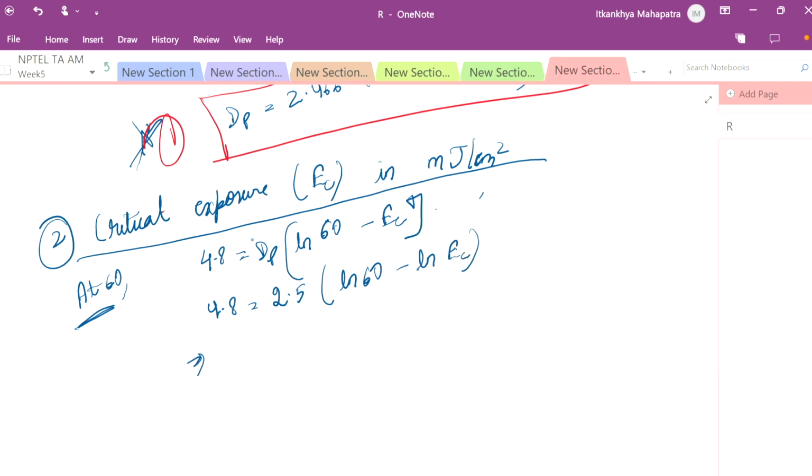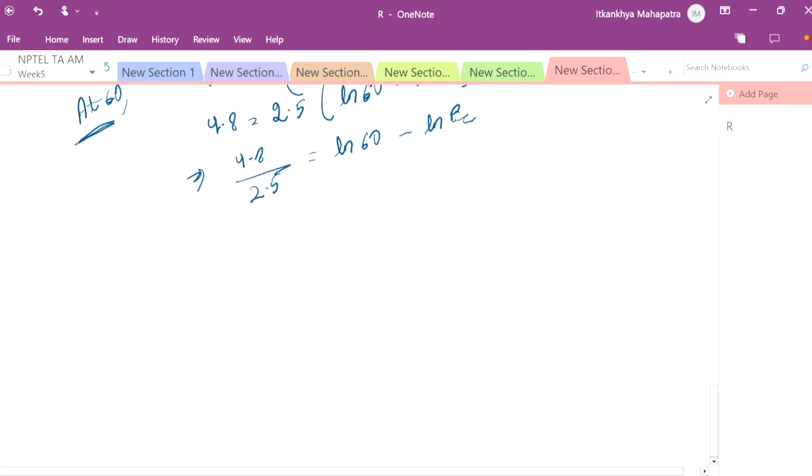From here you get 4.8 by 2.5 is equal to ln 60 minus ln EC. So ln EC is equal to ln 60 minus 4.8 by 2.5.